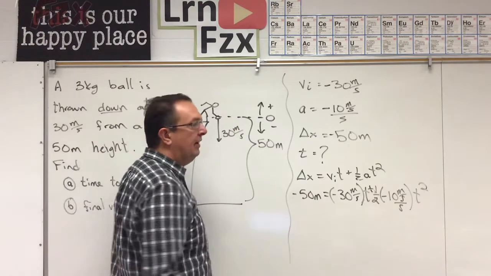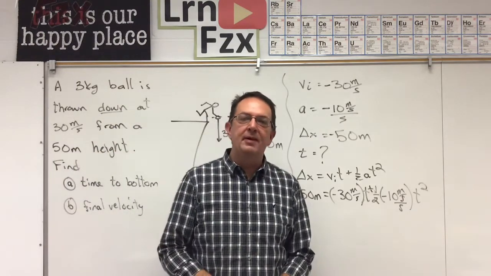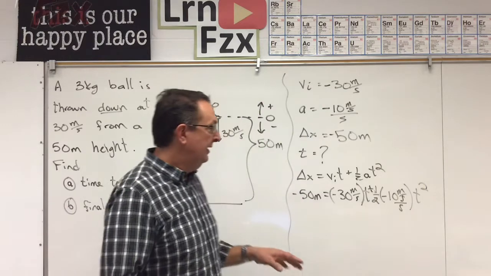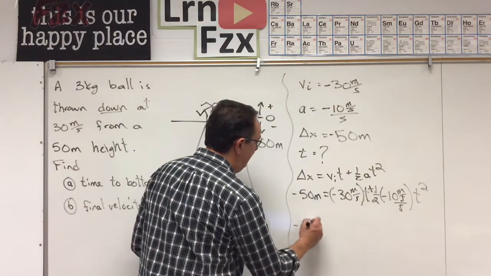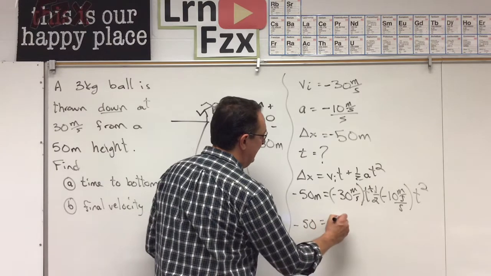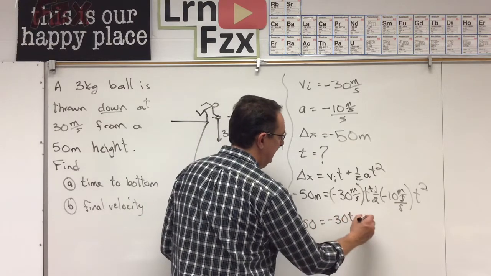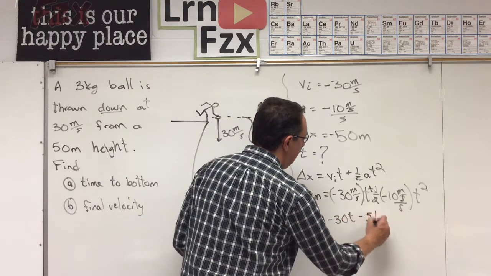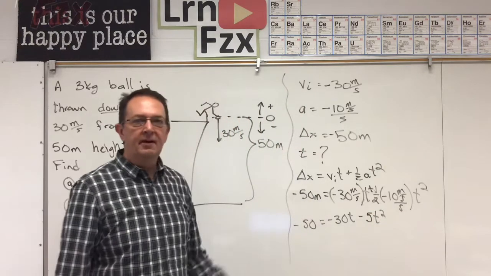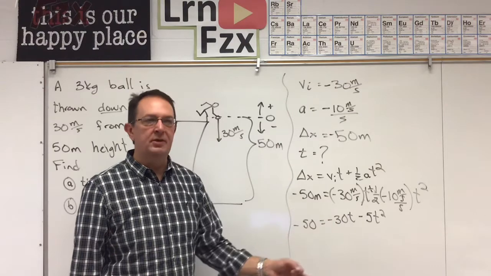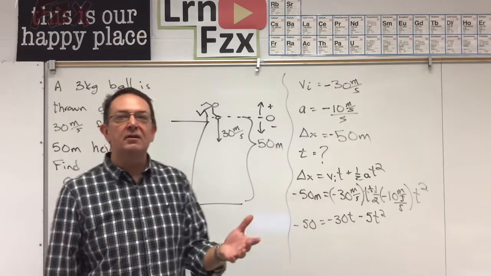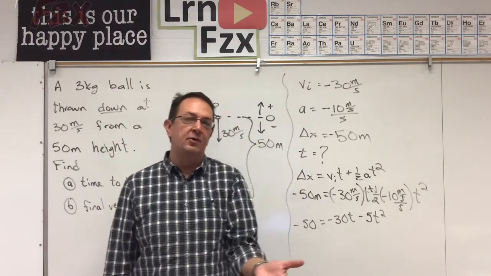So negative 50. Now to make this more like a math problem, because a math problem never has units in it, so you can see it more easily, I'm just going to drop the units. Negative 50 is equal to negative 30t minus 5t squared. And then you're like, oh, look at that. That's like a second order polynomial. And I think I can use the quadratic formula, because I love the quadratic formula.